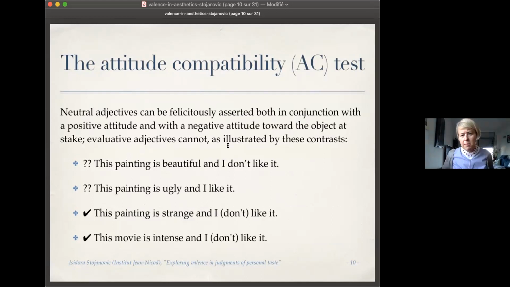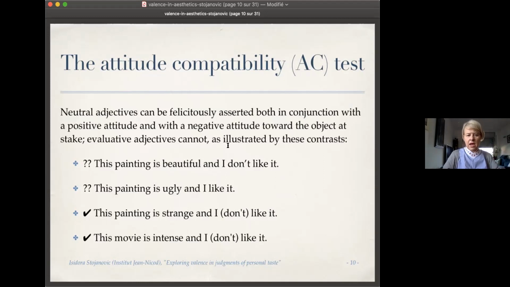Neutral adjectives can be felicitously asserted both in conjunction with a positive attitude and with a negative attitude toward the object at stake. Evaluative adjectives cannot, and this can be illustrated by these contrasts. If you say, this painting is beautiful and I don't like it, this sounds slightly weird. It's not that it sounds infelicitous, but there is a markedness to saying it is beautiful and I don't like it.